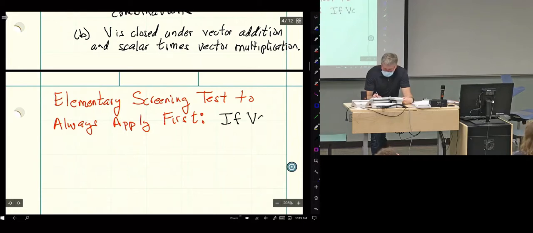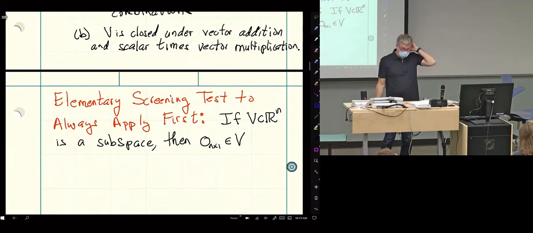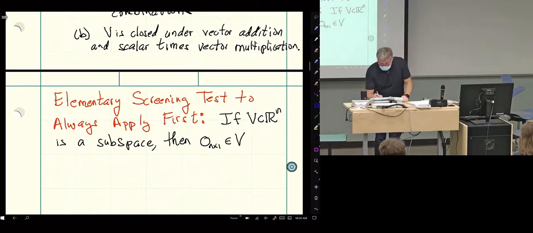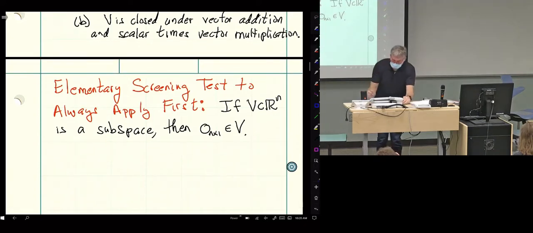If V contained in Rn is a subspace, then the zero vector, and I'm going to emphasize it's the zero vector in Rn, is an element of V. First thing you do: if the zero vector is not in it, it's not a subspace.